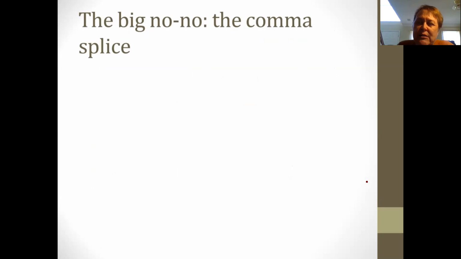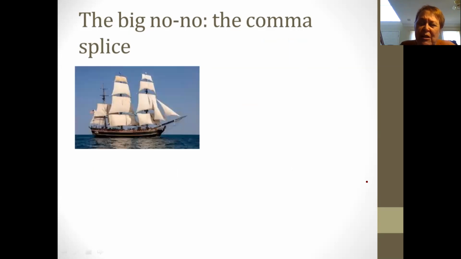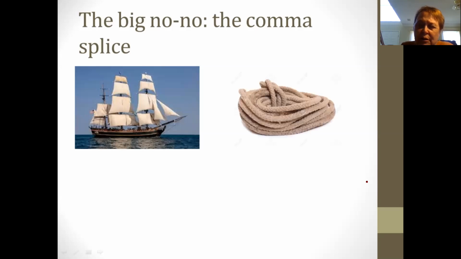Now, first of all, I need to explain to you exactly what a splice is. So if you see this here, see what this is? This is an old sailing ship from a long time ago, okay? And the people that worked on the old sailing ships, the sailors, needed to work a lot with ropes. You use ropes a lot on ships like that to pull the sails up and do various things.